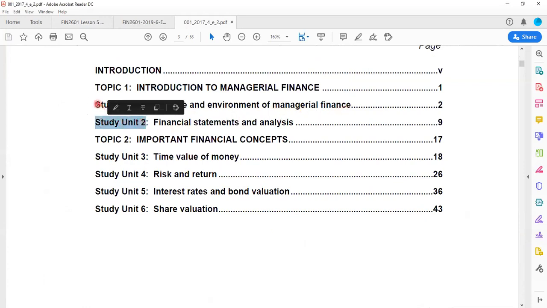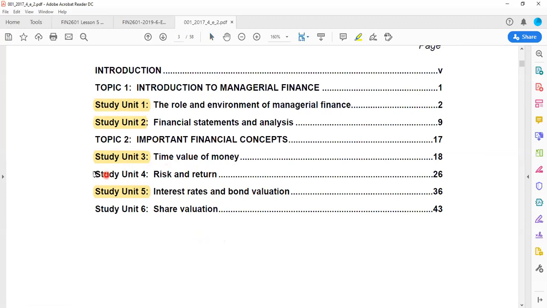We also looked at financial statement analysis. We touched on the time value of money, and we also looked at interest rates and bond valuation. So this is what we've covered so far.